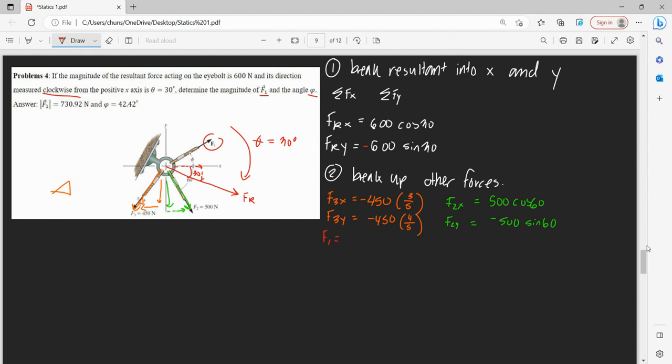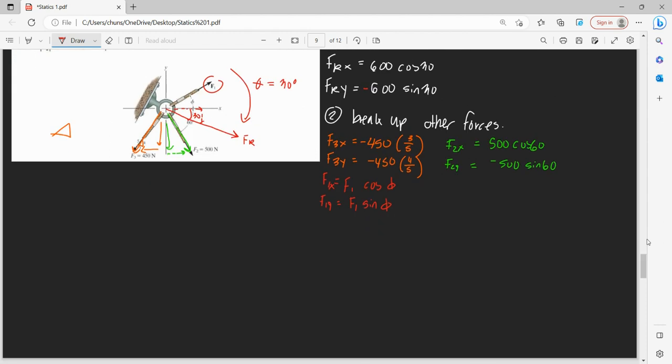F1 equals, we don't know what that angle is, so no worries, we will figure it out. So this is F1 cos phi in the positive x direction, and then F1y in the positive y direction is F1 sine phi. Okay, so a lot to process here, but it's not too difficult moving on.